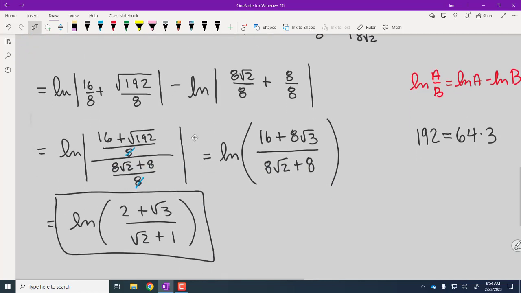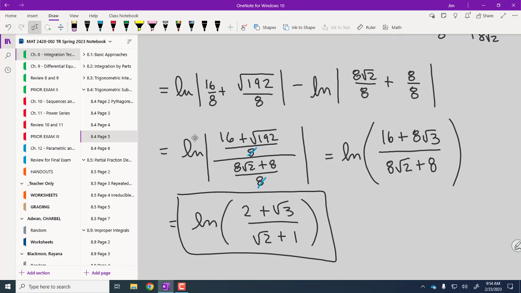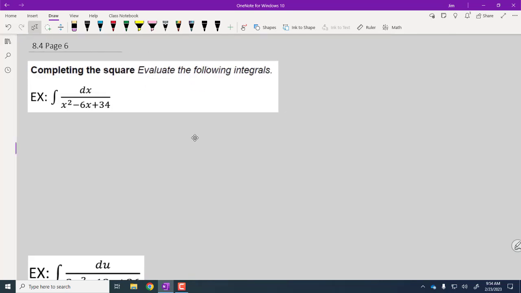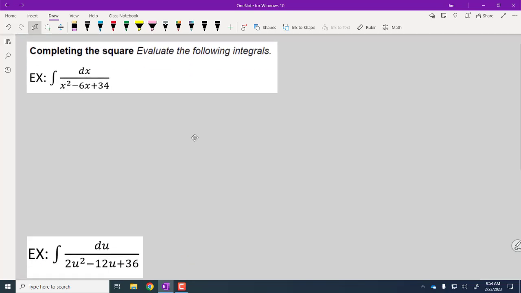All right, let's go to our last couple here. Back a while ago, I'm trying to remember what the section number was. I can't remember exactly.